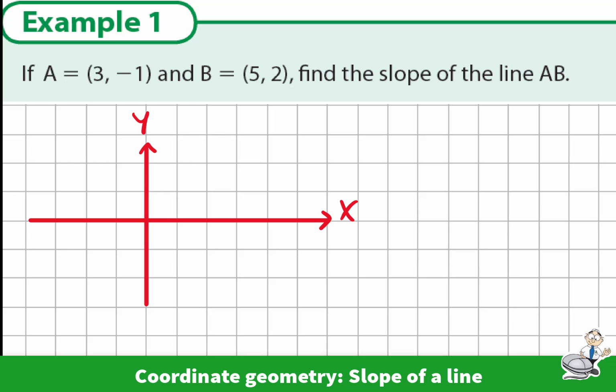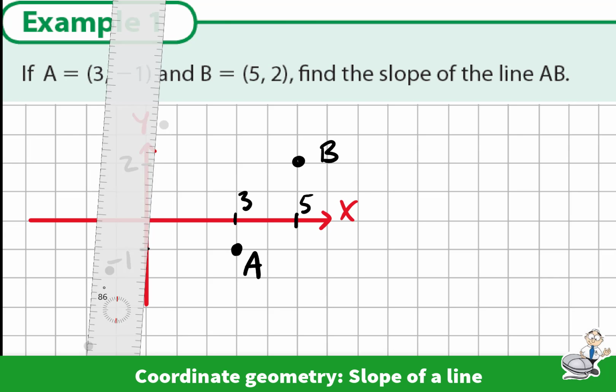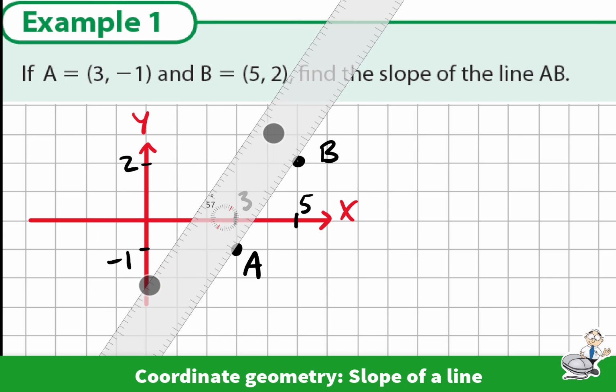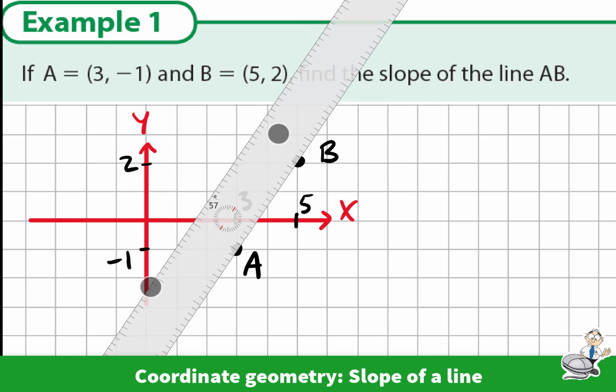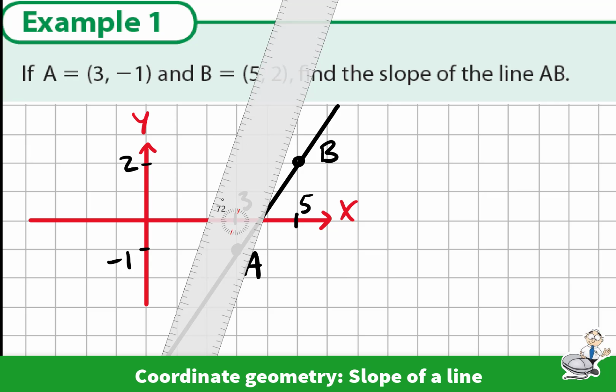So A is the point (3, -1). So that's point A. B is the point (5, 2). This is the point B. And we want the slope of the line that goes through those. So this is 2 points on a line that goes on forever like this. Okay. So there's my line that we're talking about.